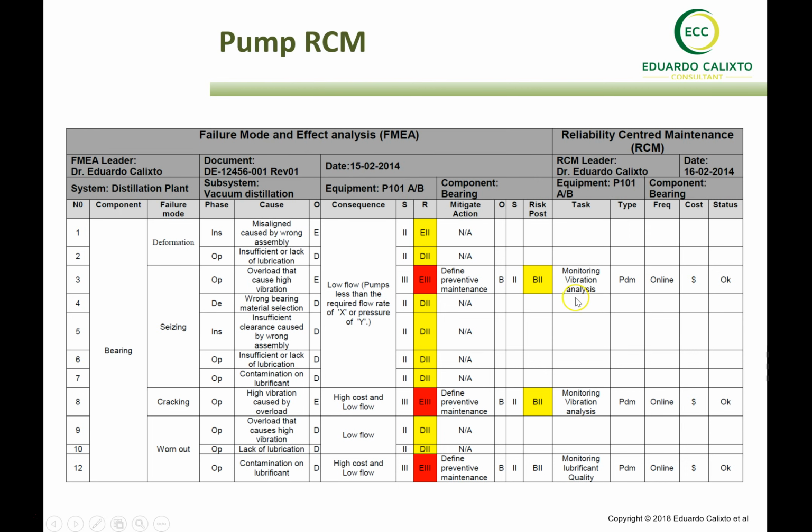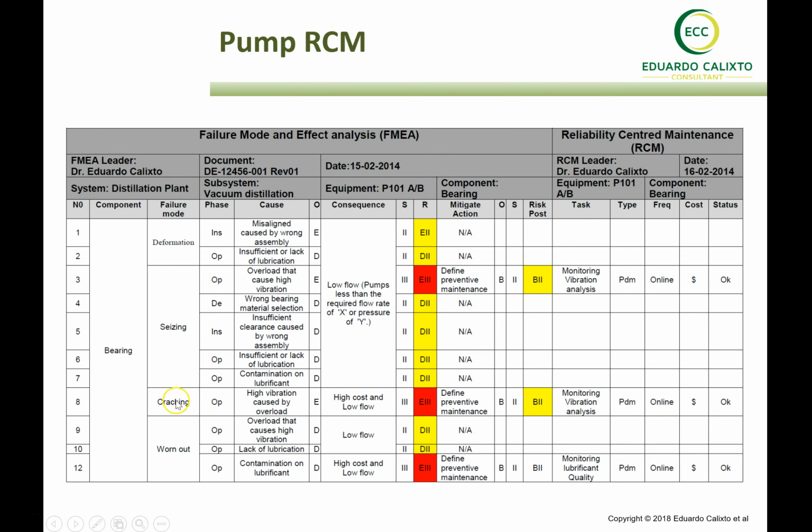In some cases, one of the most important pieces of information is the level of the risk that the preventive maintenance mitigates. In the case of moderate or tolerable risk, of course, that will not be the priority compared to the non-tolerable risk mitigated by a maintenance action. But it's not prohibited to look at the other failure modes and put some preventive maintenance task here, okay?